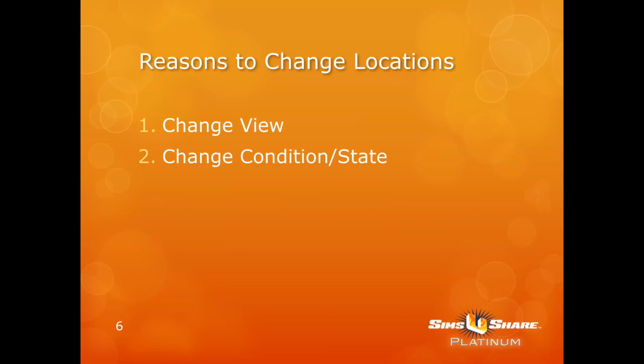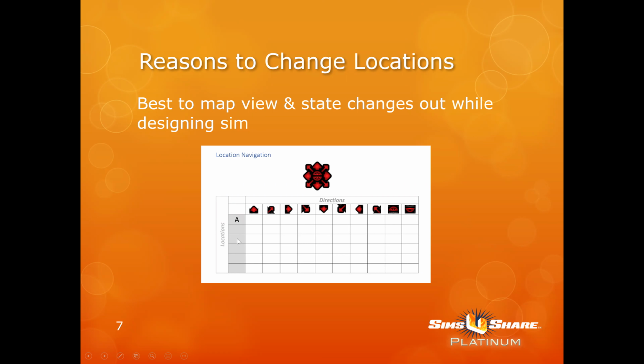It's just a simple thing which helps you map out your views and basically call them state or condition changes while you're designing the simulation. So what we suggest is putting your locations and your different conditions, and then documenting where does it go when you move forward, where do you want it to go when it moves left or right. And these are the typical arrow cluster, the arrow navigation and the cluster of arrow navigation.